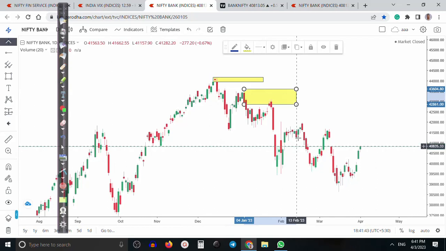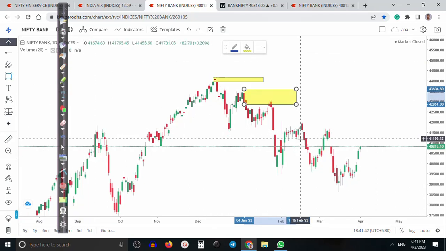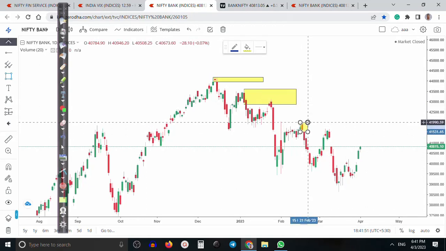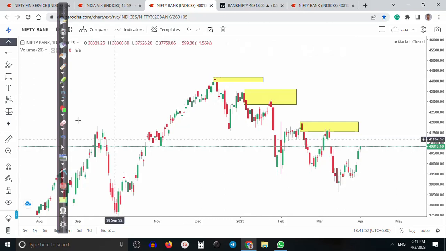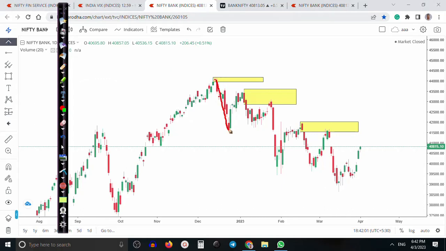Another supply zone is somewhere here. This red candle has the lower point and this is the higher point. Now you can see how price is respecting this area. First price dropped to this level and pulled back, but was not able to reach that supply zone.